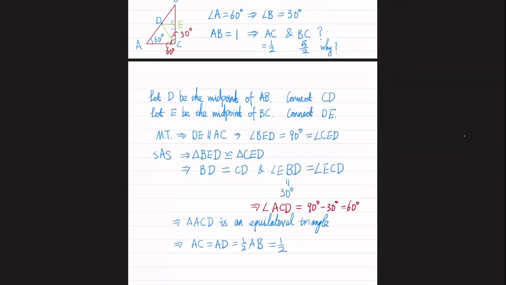In this way, we find AC. Now we can use the Pythagorean theorem to find BC.